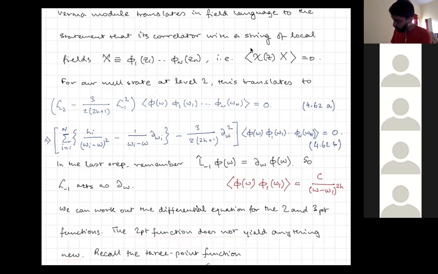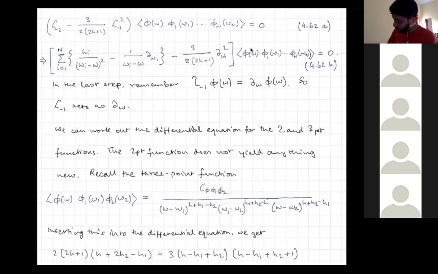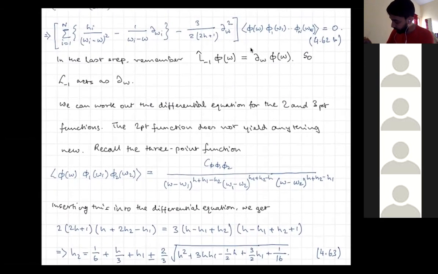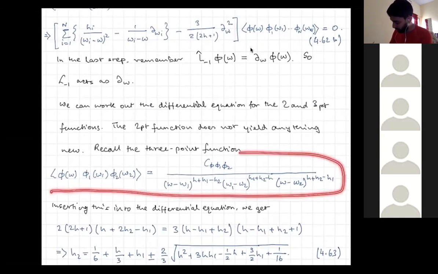Now, what you can do, you can take two more fields, phi1 and phi2, and you can plug in the 3-point function, right? So that's what we did last time around. And we found that the 3-point function, so this is the 3-point function.